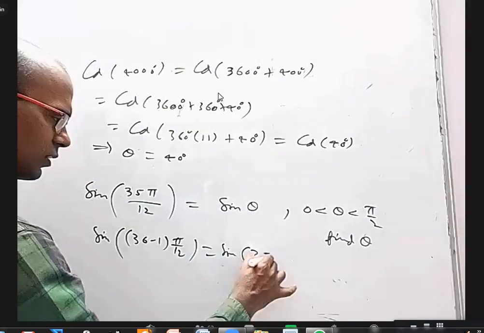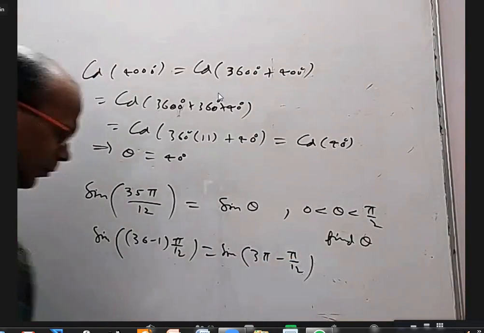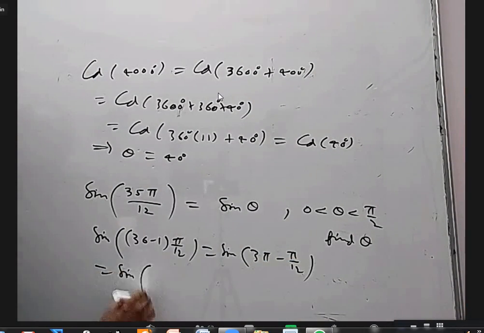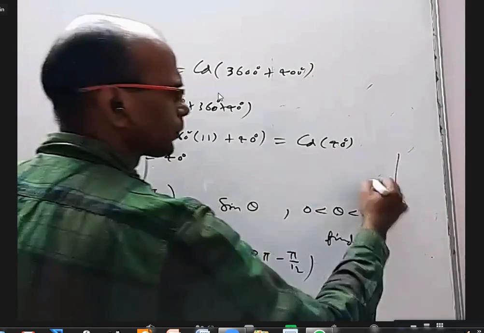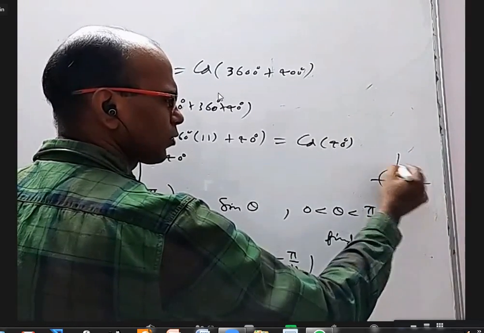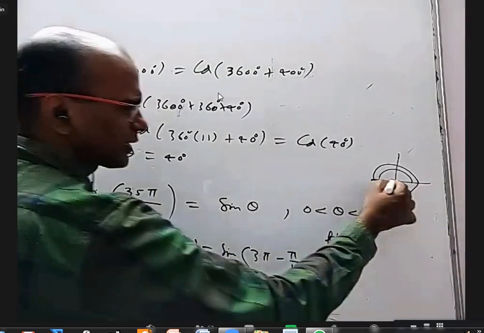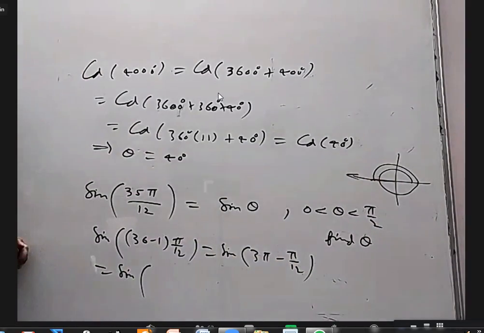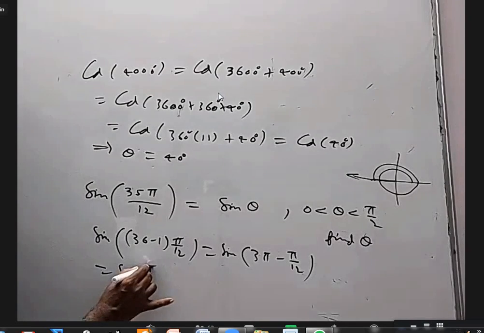That is sin 3 pi minus pi by 12. You know where 3 pi is? This whole thing is 2 pi and one more. 3 pi means the negative x-axis, right? So 3 pi minus something is second quadrant, so you can directly say sin pi by 12.